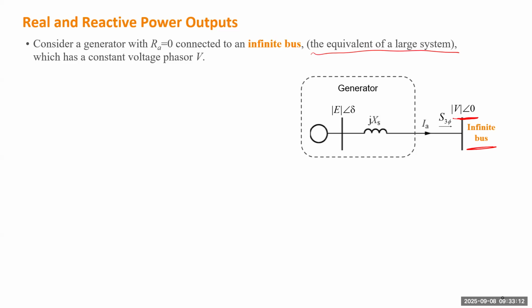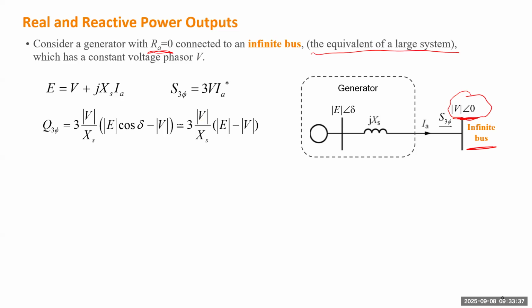So now we can have a constant voltage at this point, which makes calculation much easier. So we start from this equation. For this case, we can just assume the resistance to be 0. The complex power will be 3 times voltage times the conjugate current.